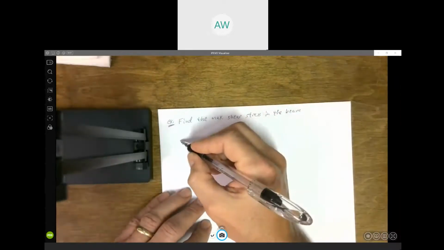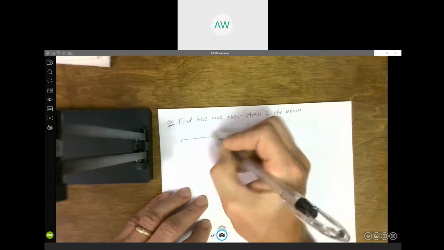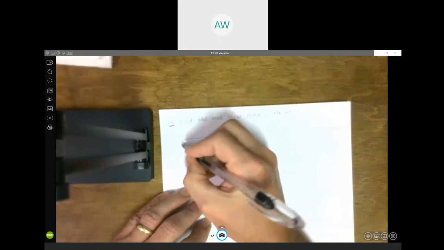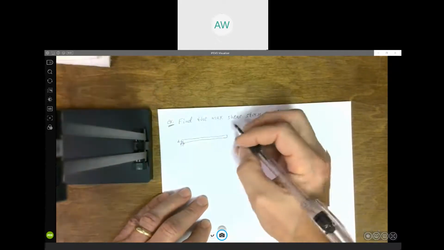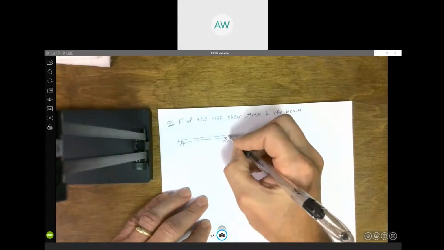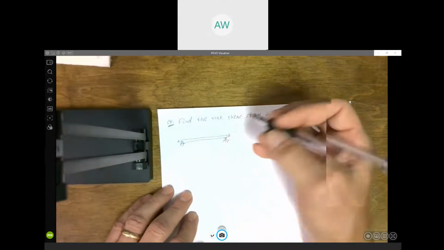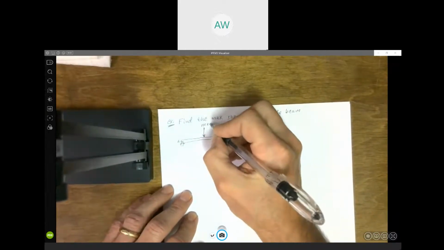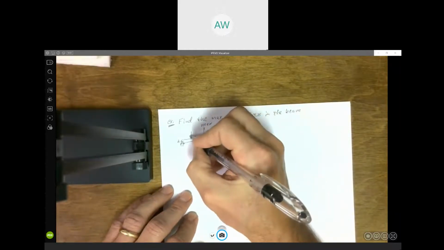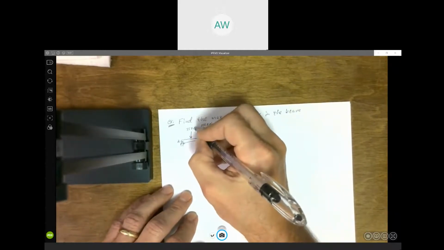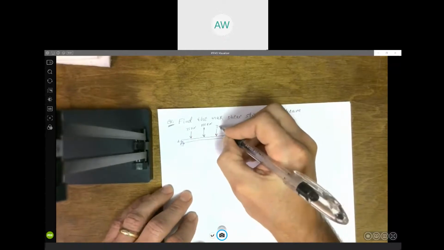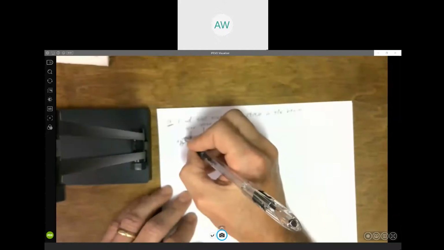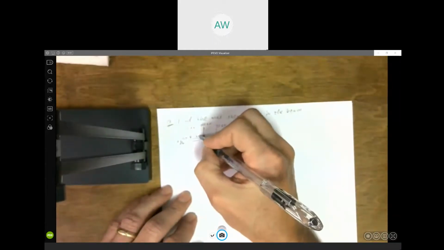Let me draw the beam and the loading. We have a simply supported beam. We've got a pin support at the left end A, a roller support at the right end B, and three applied forces: 100 kilonewtons right in the middle, and then two 75 kilonewton forces also down, and it's 0.6 meters between each of these forces.